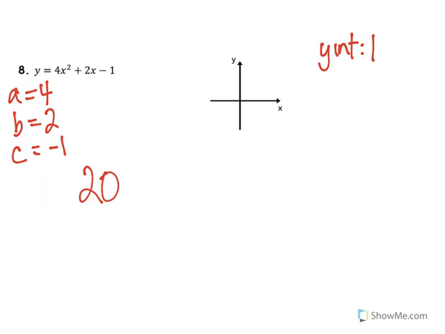My bad. The y-intercept is at -1. It's upward facing. It's pretty skinny. And it hits twice. So something like that. Awesome. Great job.